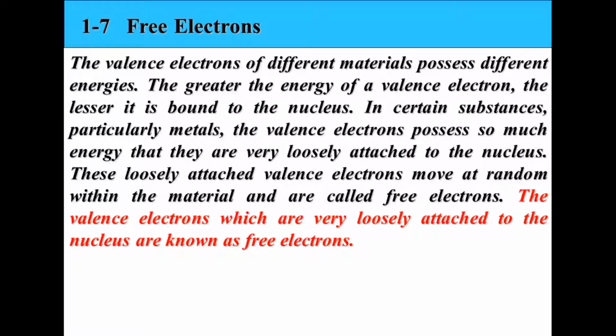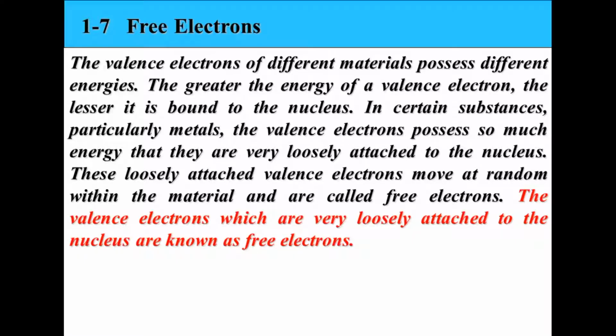Now let's move on to what we call free electrons. The valence electrons of different materials possess different energies, as illustrated when we looked at the energies of an atom. Electrons in different orbits of an atom possess different energies.